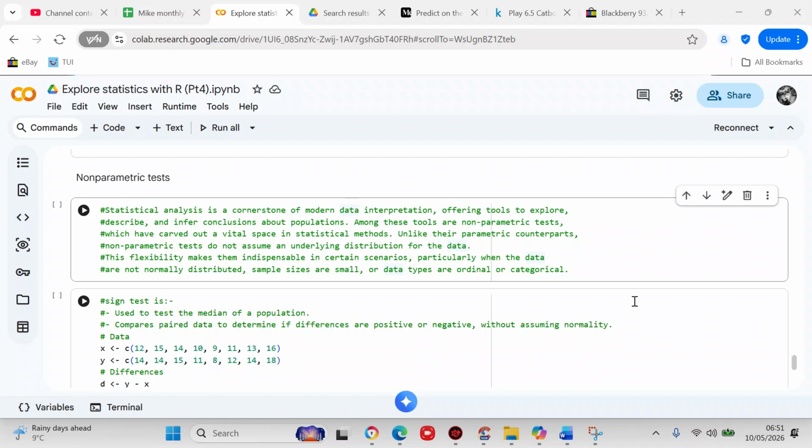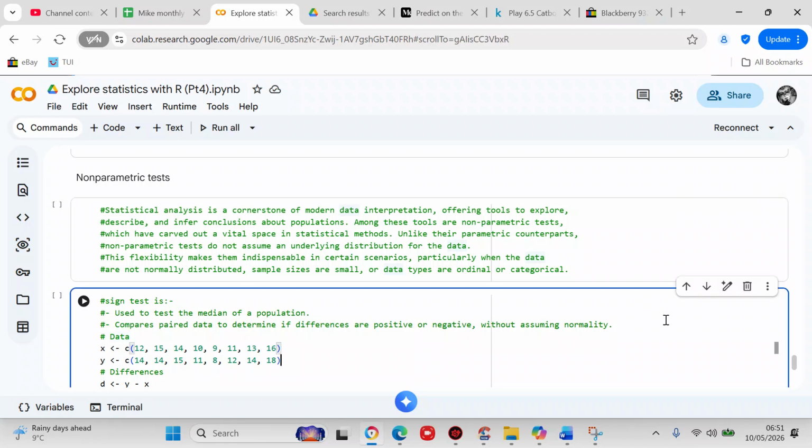Unlike their parametric counterparts, nonparametric tests do not assume an underlying distribution for the data. This flexibility makes them indispensable in certain scenarios, particularly when the data are not normally distributed, sample sizes are small, or data types are ordinal or categorical.